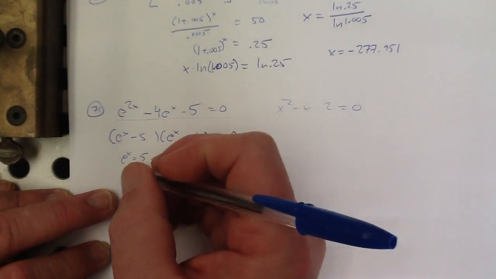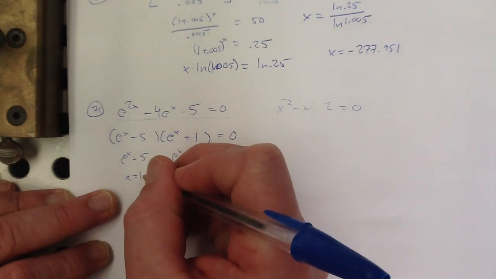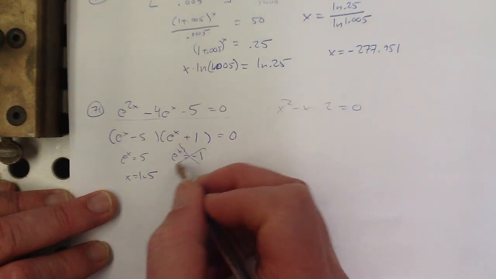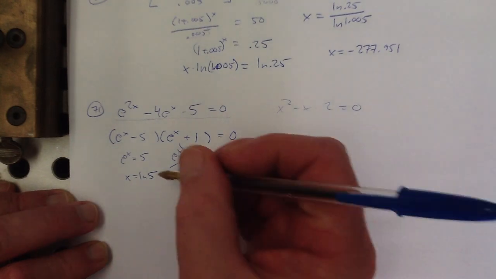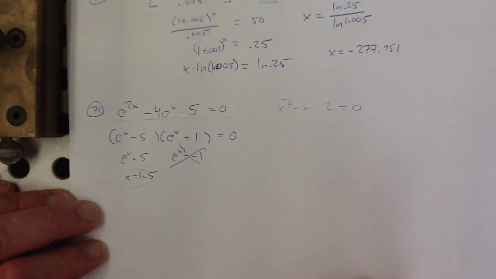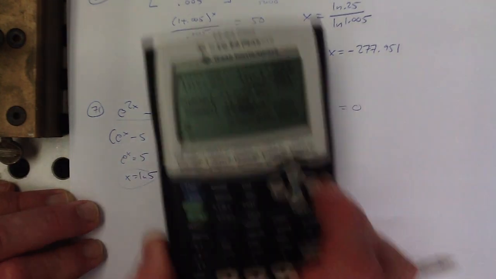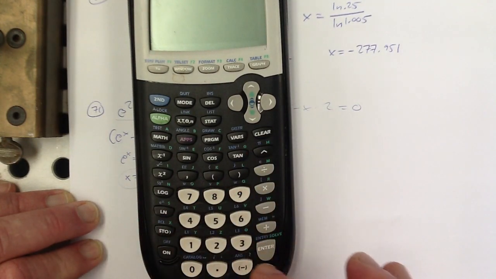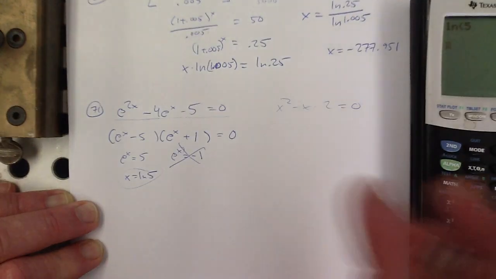Natural log both sides, x equals natural log 5. You can't raise e to something and get a negative number, so that does not give you a solution. So the answer is natural log 5, which, in case you wanted a decimal answer, is 1.609.